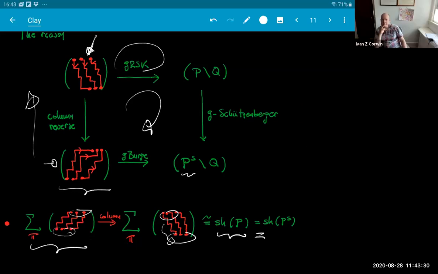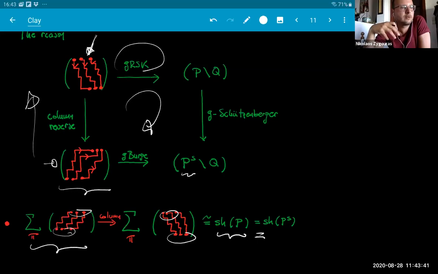So Nikos, just to check, the geometric Schützenberger correspondence has a nice description in terms of local moves as well? Right, yes. It is very similar to the geometric RSK. And this actually already existed in Kirillov's paper when he introduced what he called tropical RSK, what we now call geometric RSK.